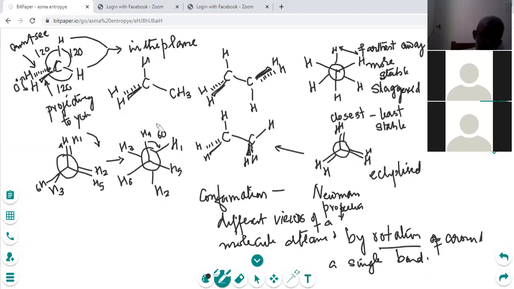Now this is the most stable one. Least energy, most stable. This is the most stable one, and this is the least stable one. So this will have maximum energy, this will have minimum energy. Most stable means least energy.